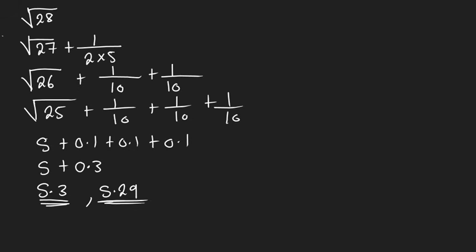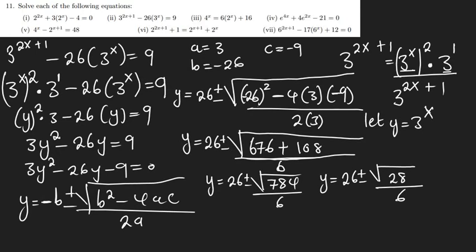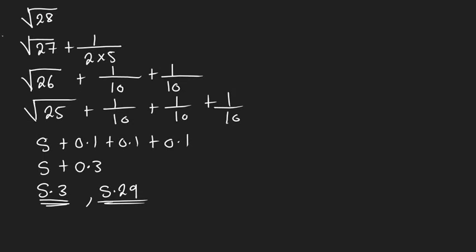Okay, so from there, this is just the same as y is equal to 26 plus or minus 5.3 over 6. Okay, so we have y is equal to 26 plus or minus, I'm getting 5.3.